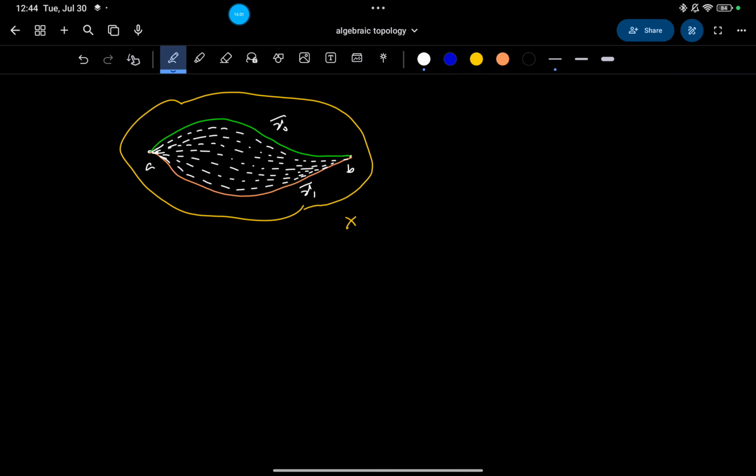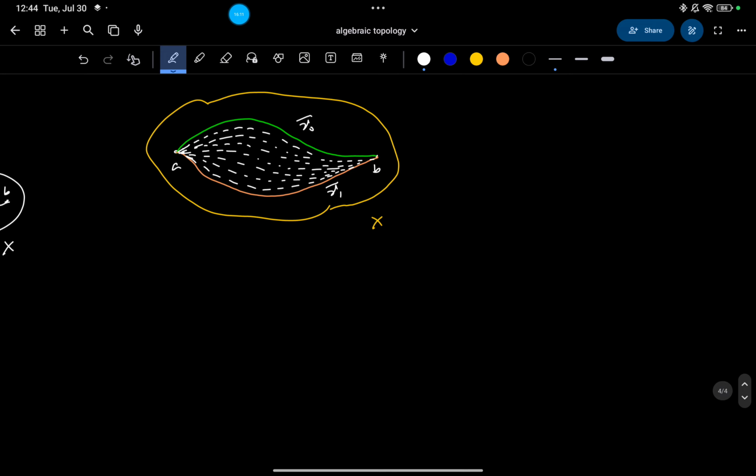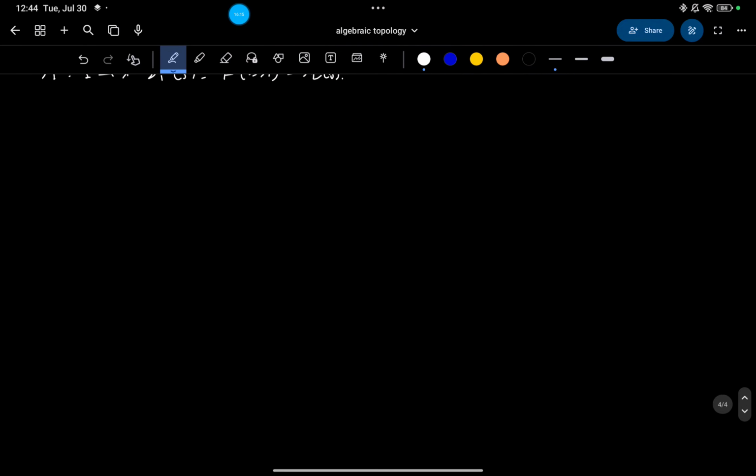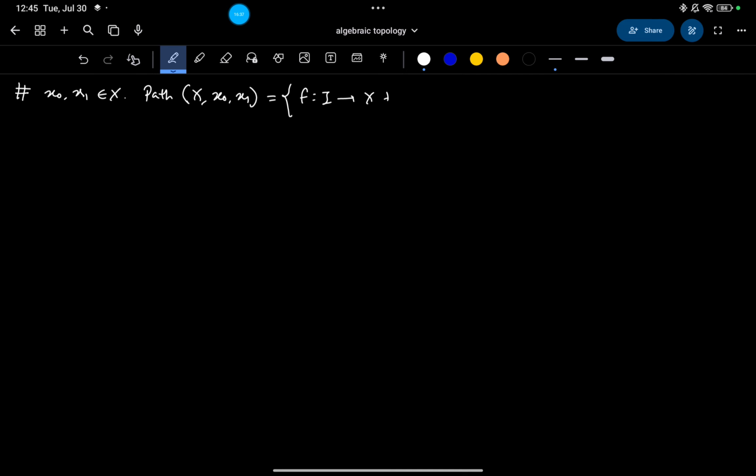Now this is the condition by which we can define the homotopy between two continuous functions, in fact two paths in the topological space X. So as usual, suppose x0, x1 belong to X, and consider the path set from x0 to x1, the set of all paths f from I to X such that f(0) is x0 and f(1) is x1.